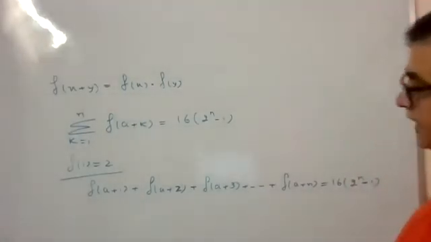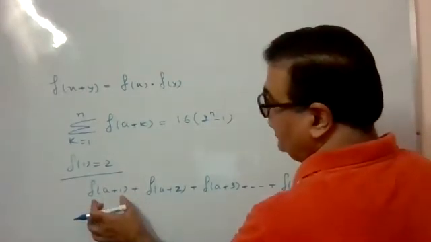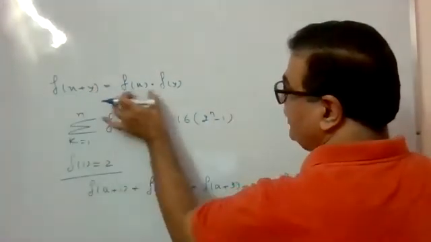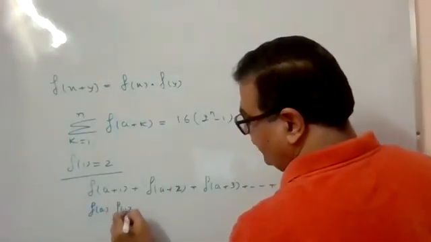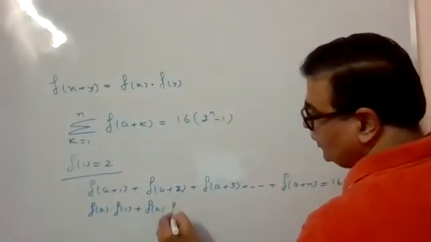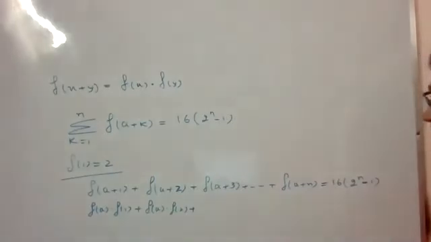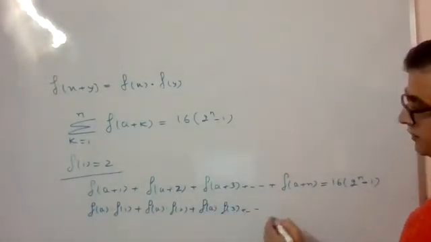Okay? Now I will use the property. f of a plus 1, this is a plus 1, so f a into f 1 I will write. f a into f 1, then f a into f 2, then f a into f 3, and so on.